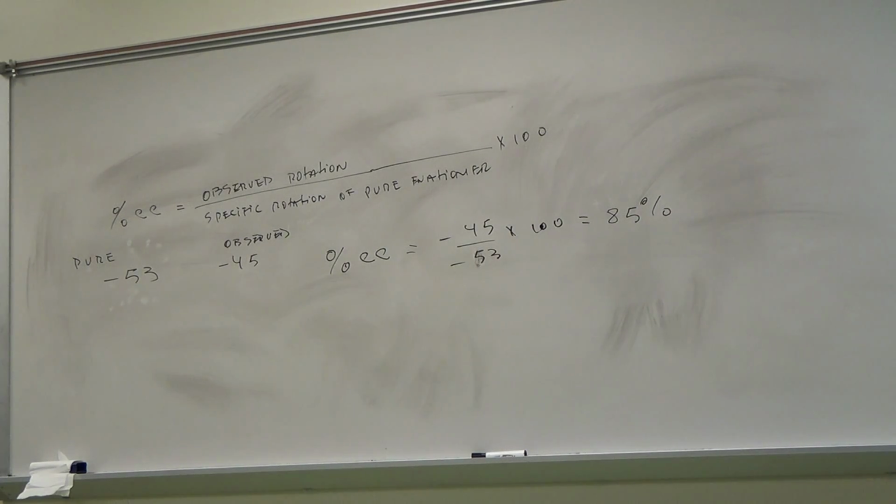I meant to say the smaller rotation, not the actual number. So you're going to have 92.5 of one, and the rest is going to be 7.5.